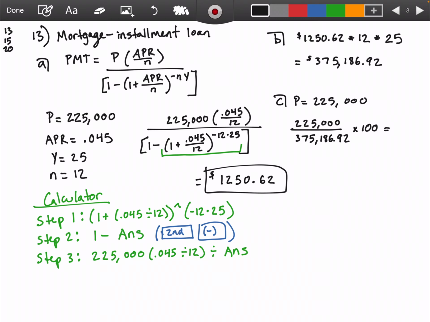We're going to make it a percentage. It says round to 1 decimal place. This becomes 59.97, so this becomes 60.0. So it turns out we just need 60%. 60% is paid towards the principal. And that means 40% is paid towards the interest.